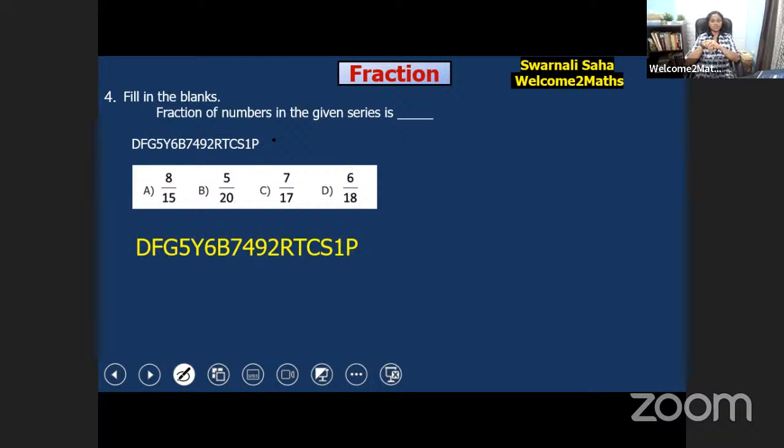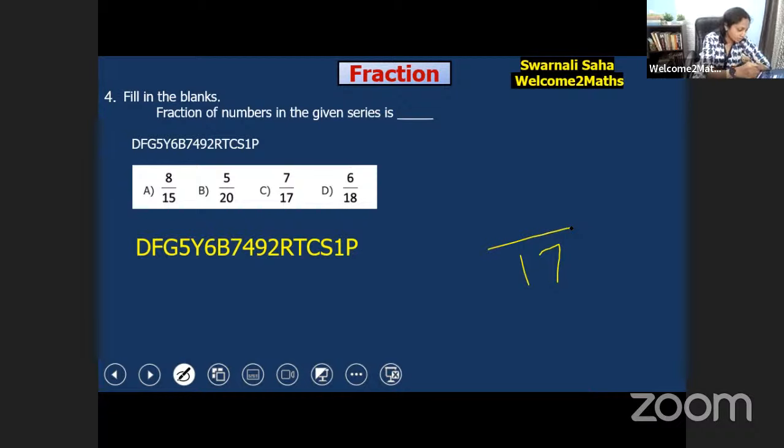Wow, many answers are coming. It's saying C, 7 by 17. Very good, 7 by 17. Let's count the letters and the numbers here. It's 1, 2, 3, 4, 5, 6, 7, 8, 9, 10, 11, 12, 13, 14, 15, 16 and 17. And let's count the numbers.